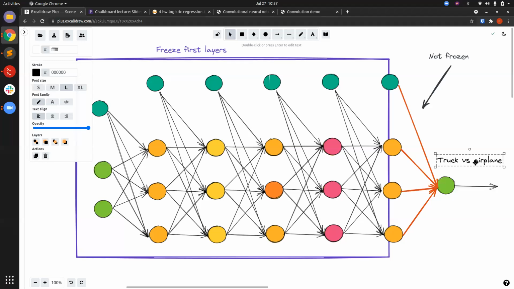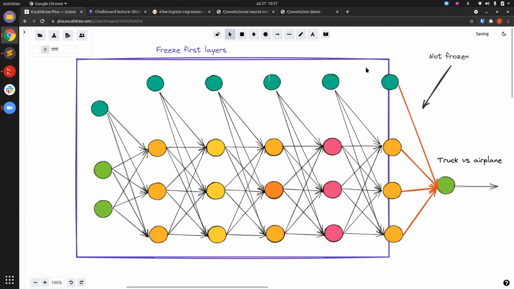Well, I can imagine that the first layers of my network still learn some very general features. But the later layers learned features that are more specific to the particular task. So maybe the layers later on learn to identify the texture of fur, for example. That's much less useful for a truck versus airplane than it was for different breeds of dogs.